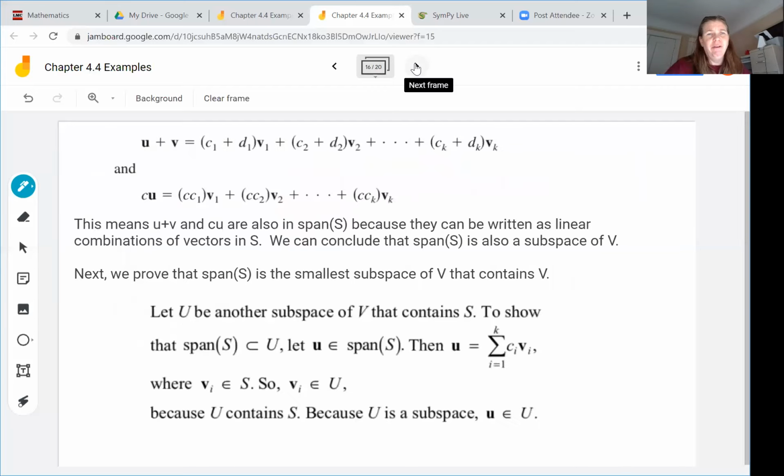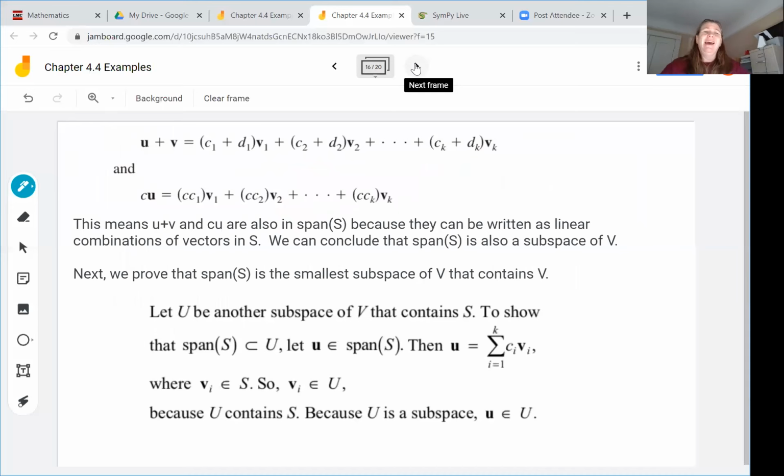Then if we continue over here, when we add up u plus v, because they both contain vectors v1 through vk as sums, our scalars or coefficients just become c1 plus d1 multiplied by v1, c2 plus d2 multiplied by v2, all the way through ck plus dk multiplied by vk.